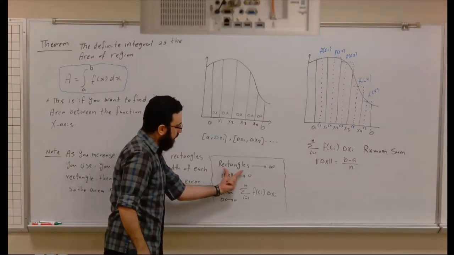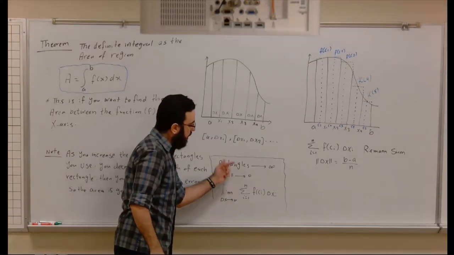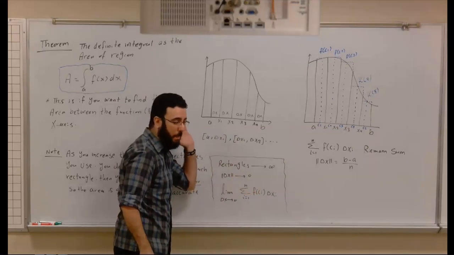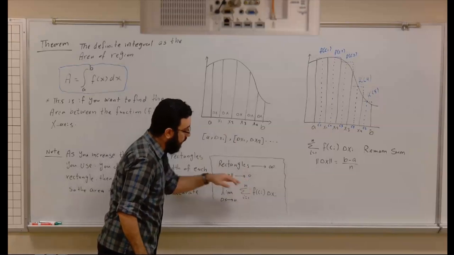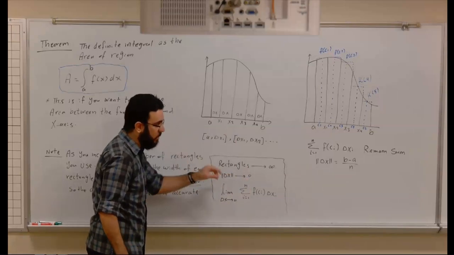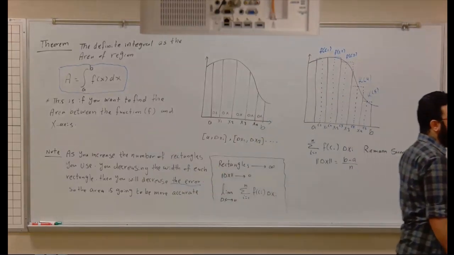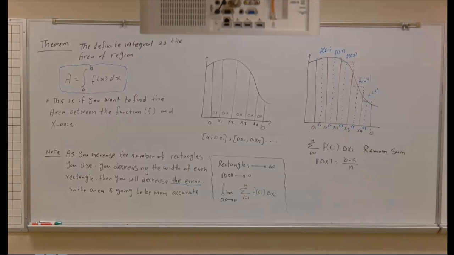That means if the number of rectangles goes to infinity, the width is going to go to 0. Every time the width goes to 0, the limit of the Riemann sum gives you the exact area.